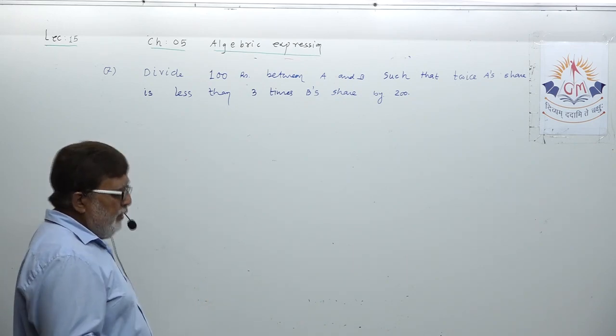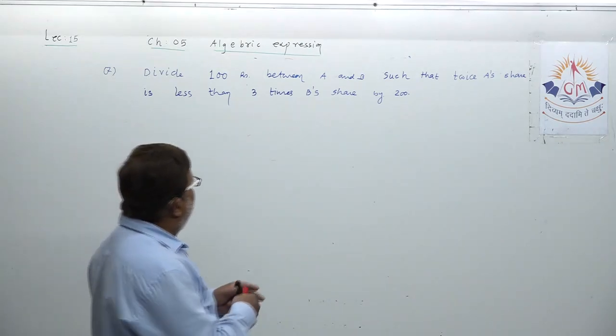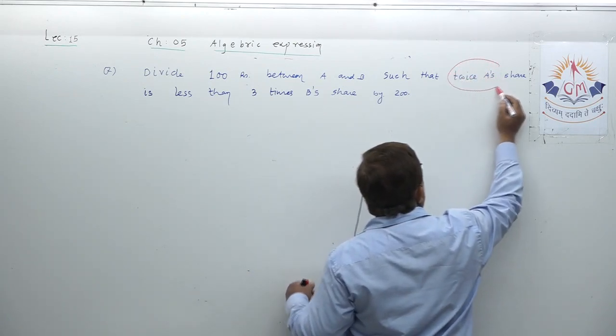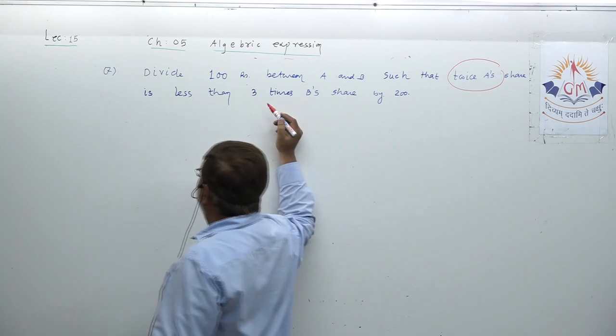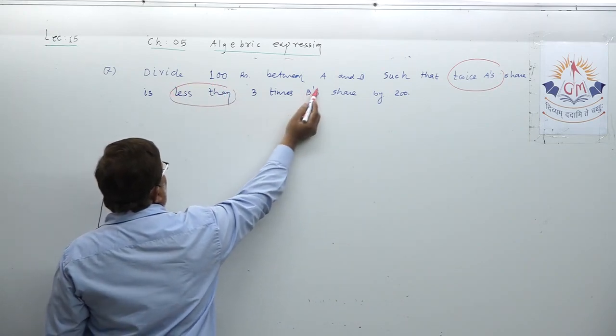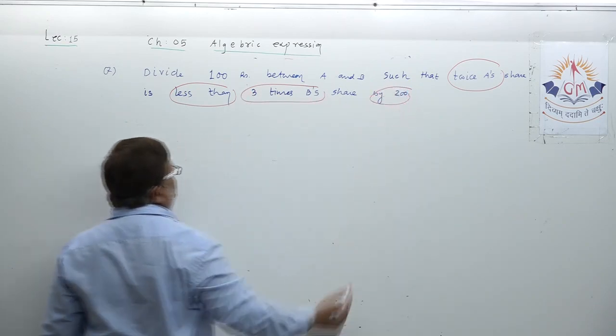Try to understand, dear student. One thing is clear, the caution point I am mentioning here, twice A's share is less than 3 times B's share by 200.